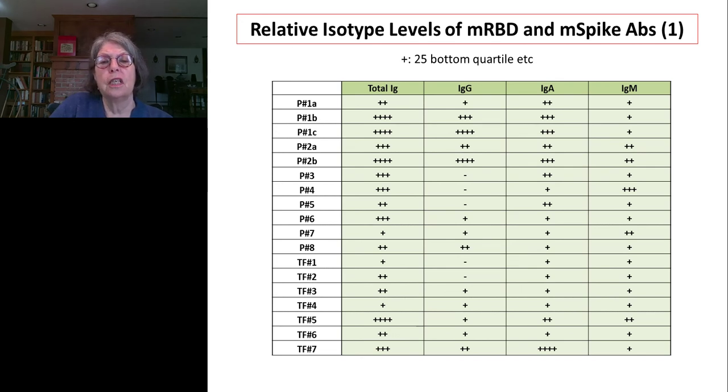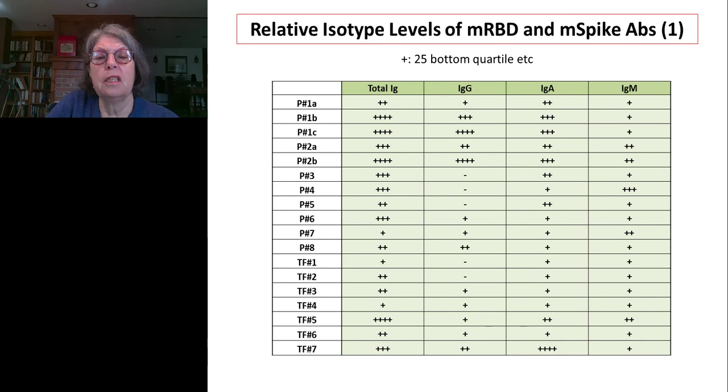So for instance, if you look at patient number 4, this patient specimen is in the third quartile, the next to the highest quartile, for total Ig, that's GAM. But this specimen didn't have any IgG in it. It was in a low quartile for IgA, but it was in a very high quartile for IgM.